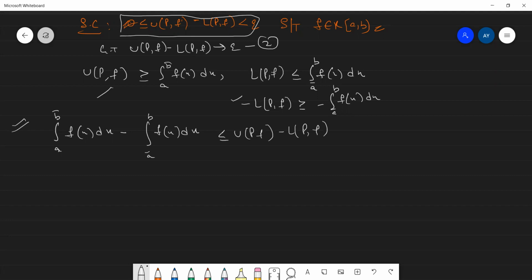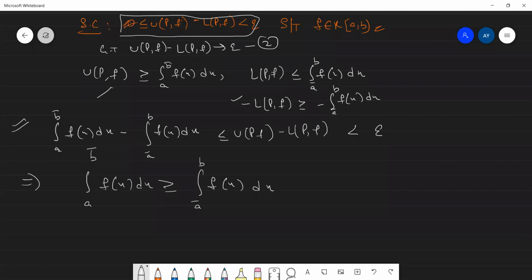This is less than epsilon, right? In the next step, write the upper integral of f(x) dx is greater than or equal to the lower integral of f(x) dx. This is from a known result.